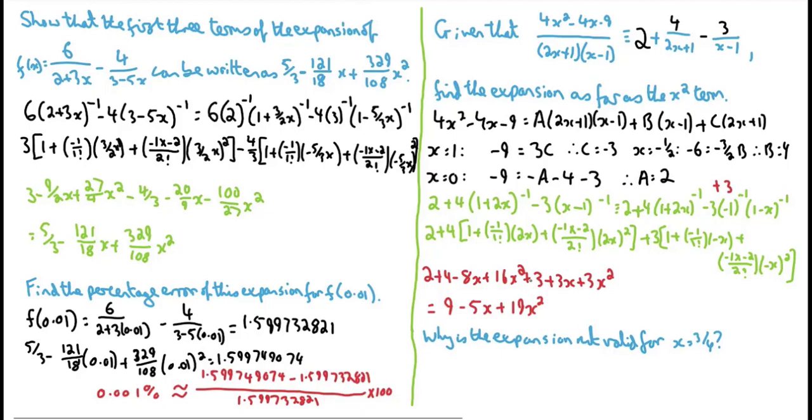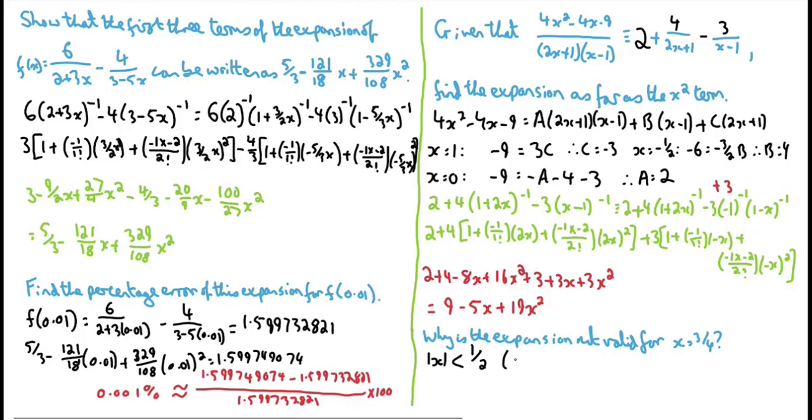Then just to round off, why is the expansion not valid for x equals 3/4? If we think back to the parameters for x as to what makes this expansion valid, the modulus of x has to be less than, in what was the algebraic example I gave above in the first screen, b over c. In this case, if we look at the 2 brackets that we were expanding algebraically, from this one here, we would have to have that the modulus of x is less than 1 over 2.